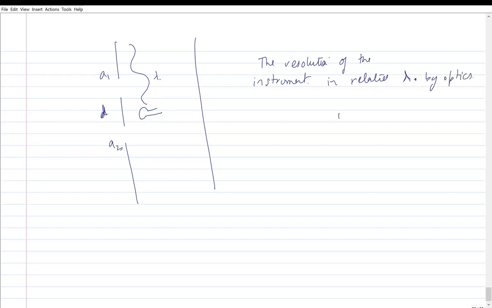So meaning, let's say I have some aperture of my camera, which is, the width is d, and I need to resolve 2 points on the screen somewhere.